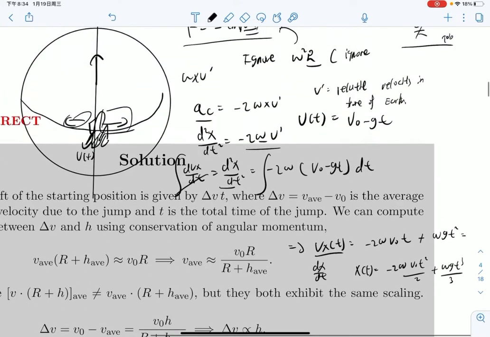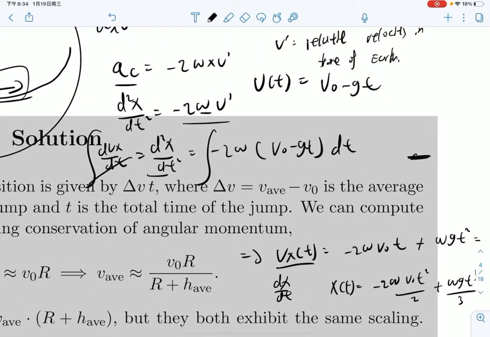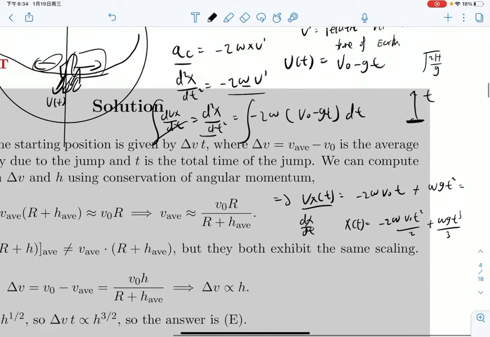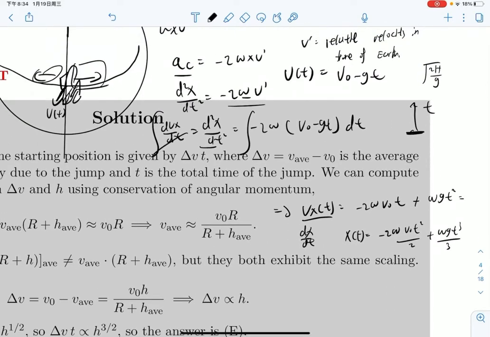And from the lowest point to the highest point, the time taken is basically equal to the square root of 2h divided by g, because we have the equation y is equal to y0 plus v0 t minus 1/2 g t squared.